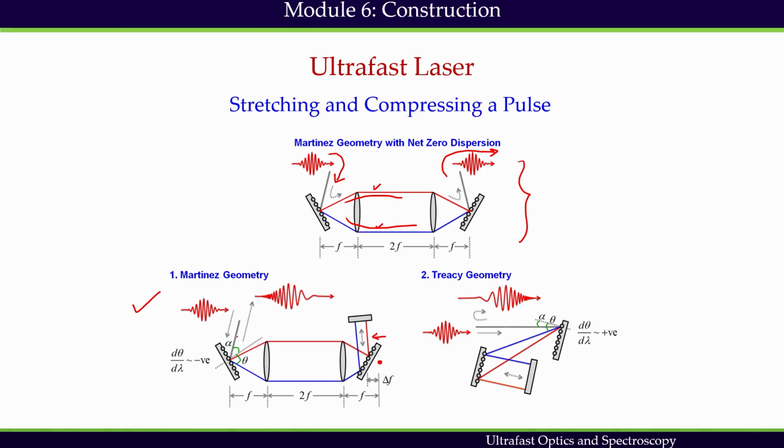Here, the incident beam and diffracted beams are on opposite sides, and that is why d theta d lambda is going to be negative. If it is negative, higher frequency will bend more and lower frequency will bend less, and that is why we get red color propagating along this direction and blue color propagating along this direction.